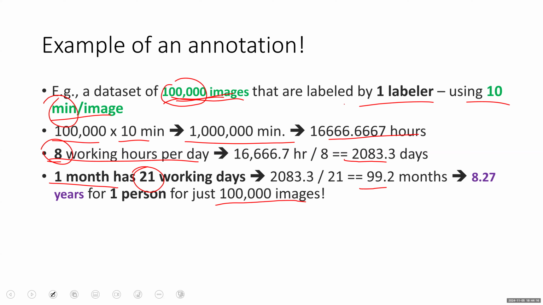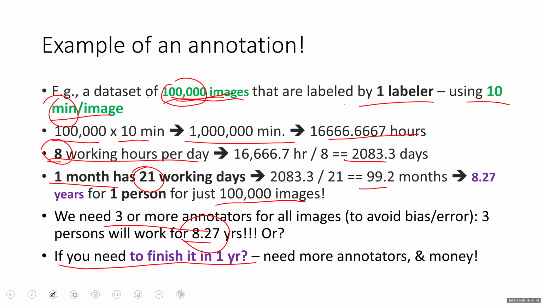So what to do? We need to try to finish it in 1 year, but we need more annotators, more money, and of course, all the images will not be annotated by one person.